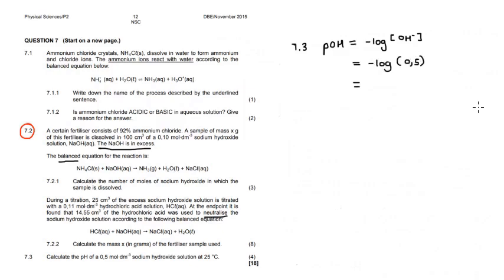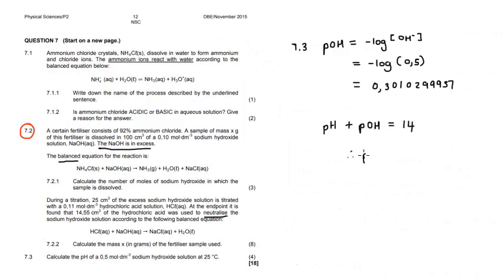0.5. If you work this out in the calculator, it's 0.301029997. The reason I'm keeping all of those decimal numbers is because I'm not done. I'm not asked to calculate the pOH, I'm asked to calculate the pH. So this is now going to go into the formula pH plus pOH is equal to 14.